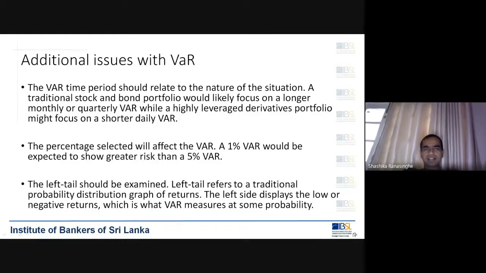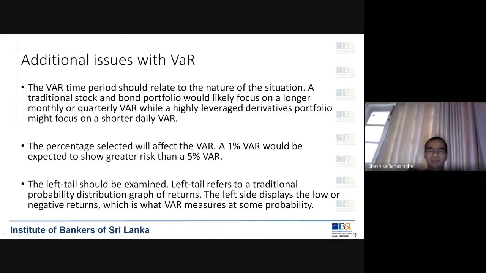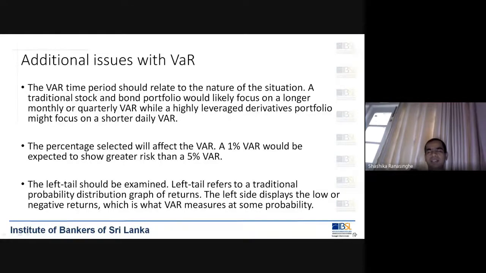The percentage selected will affect value at risk. The 1% value at risk would be expected to show greater than a 5% value at risk, right? So that's what we discussed earlier. Remember, at 5% it's 1.37, meaning at 1% it will be higher. The left tail should be examined. Always examine the left tail.